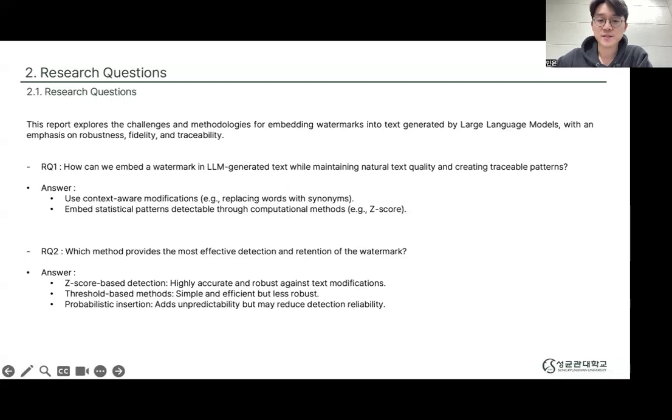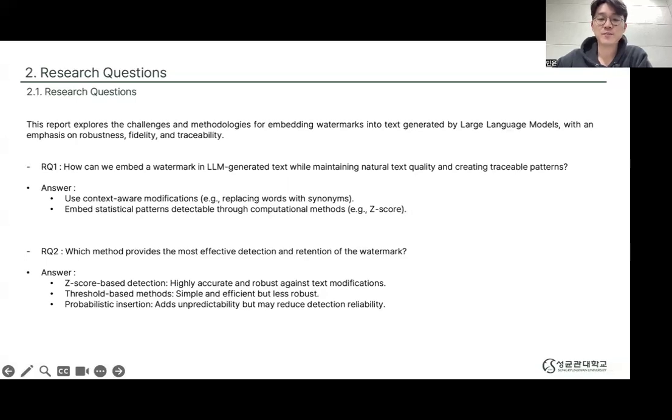They lack robustness. Probabilistic insertion methods add unpredictability but may compromise detection reliability. A hybrid approach that combines these methods is recommended to maximize their strengths.